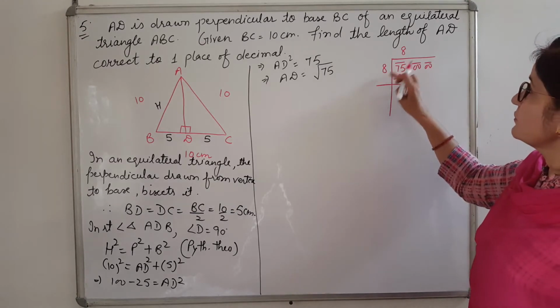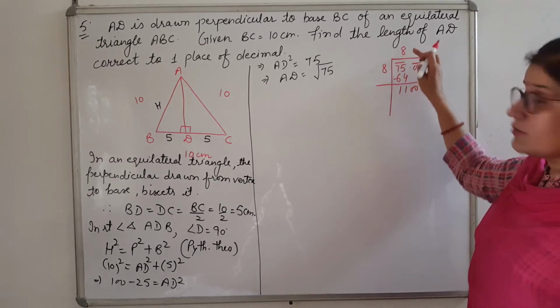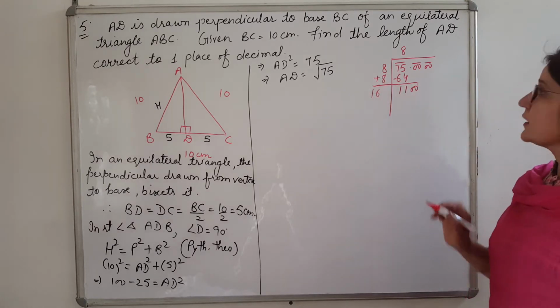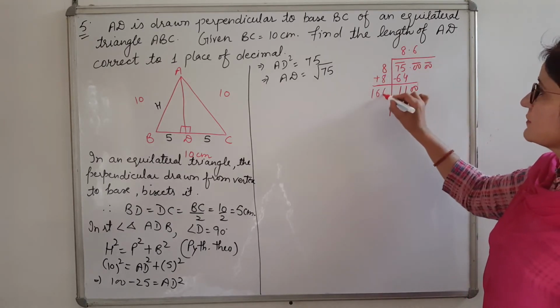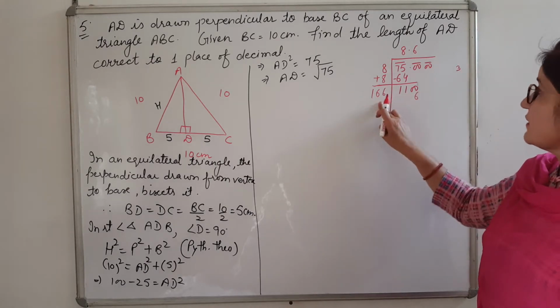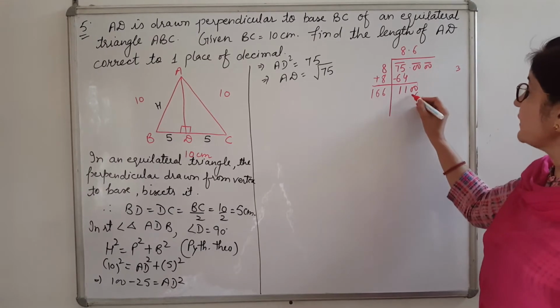Okay. Now double of 8, or we add 8 here. We get 16. Now it will go on 6. 6 6s are 36, 3. 6 6s are 36 and 3, 39.